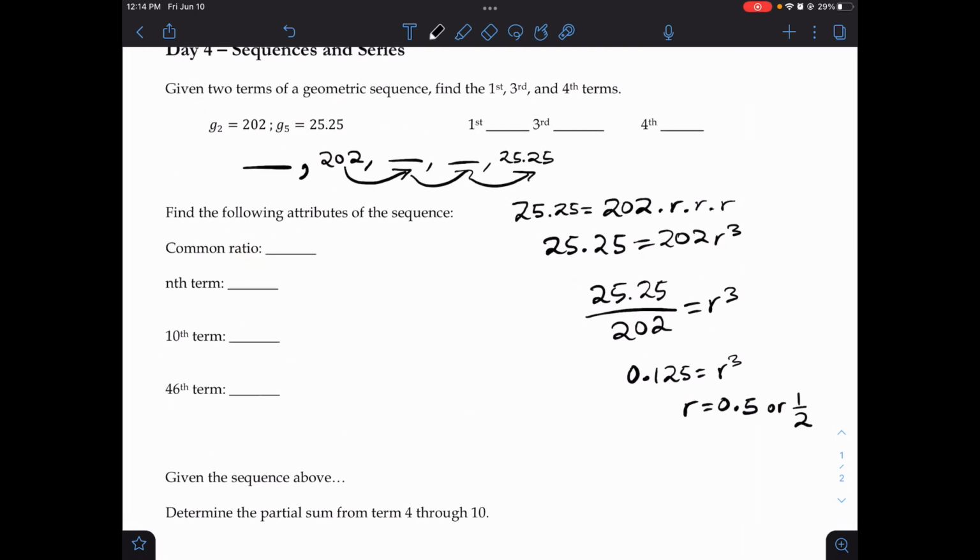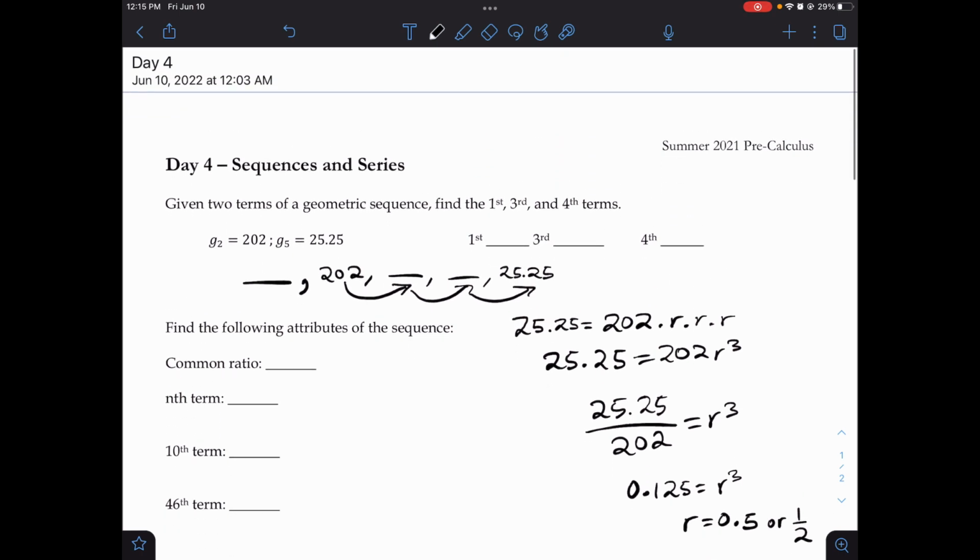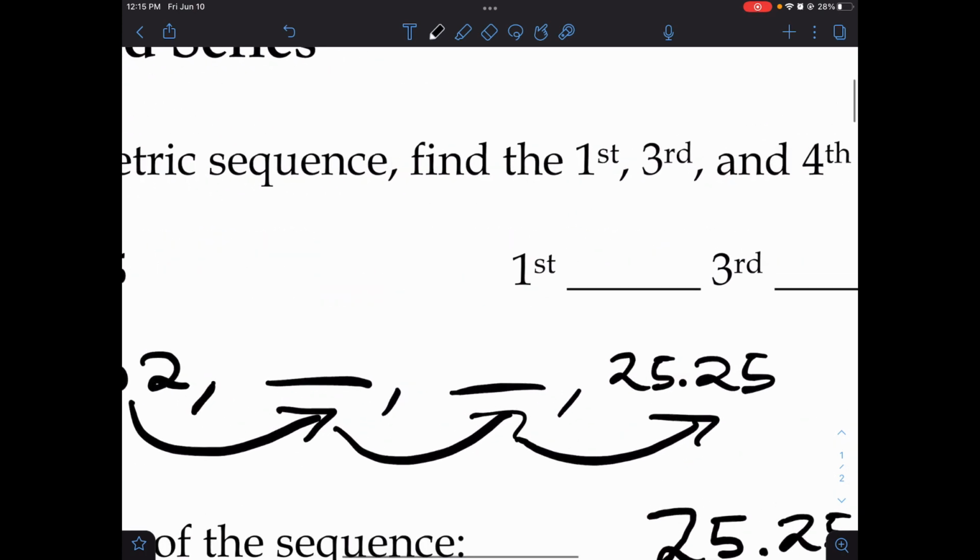So now our first term. To find our first term, instead of multiplying by 1/2, we're going to multiply by 2. So our first term will be 404.